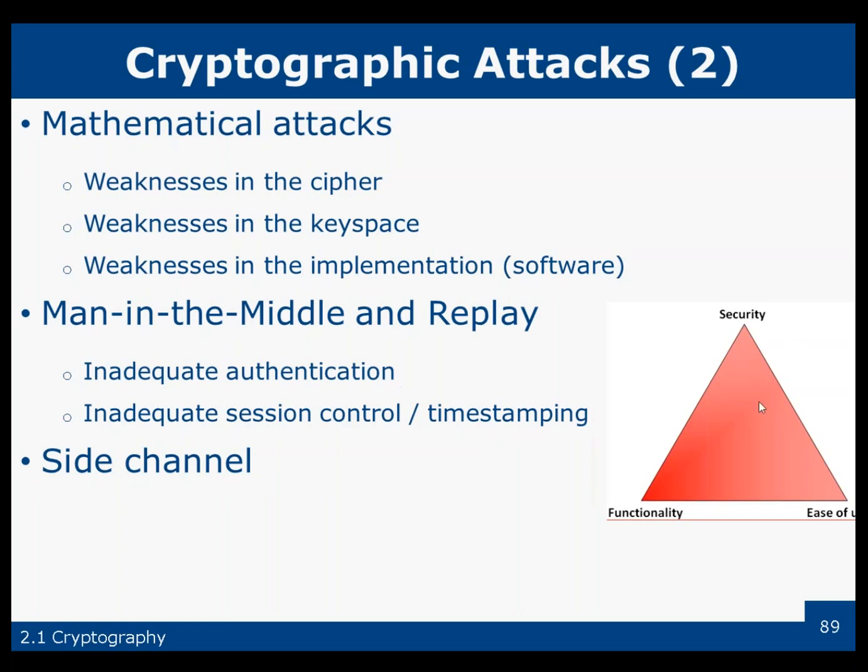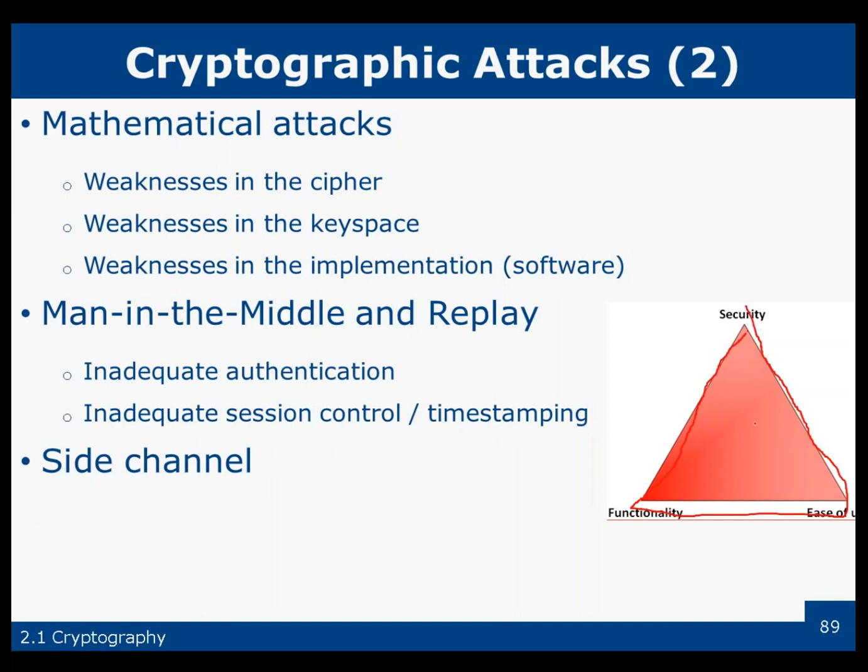This is a little chart that I've seen for years. I've got ease of use over here, functionality and security. What it's really telling you is that if it's secure, then it's far away from functional and easy to use.